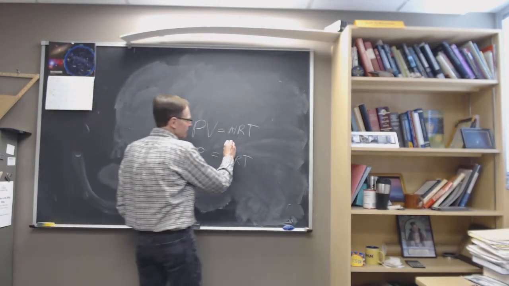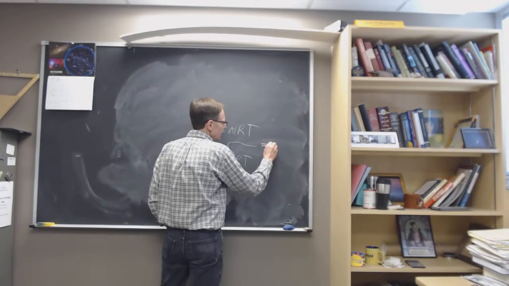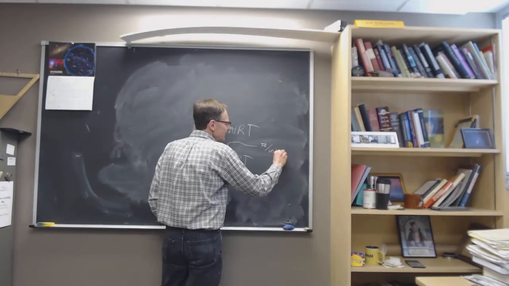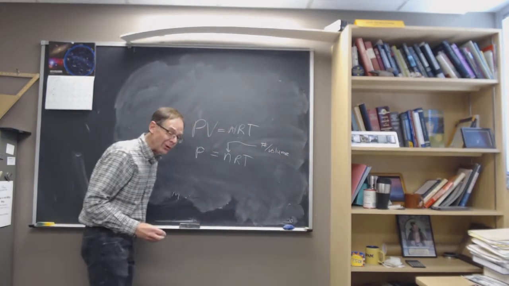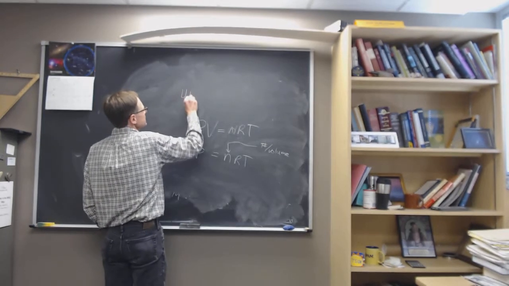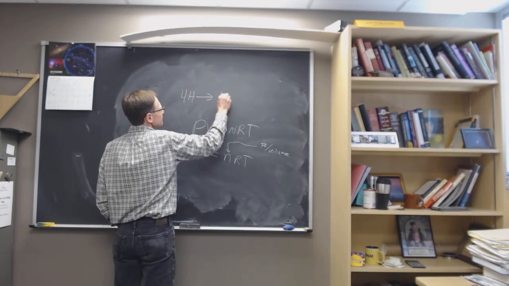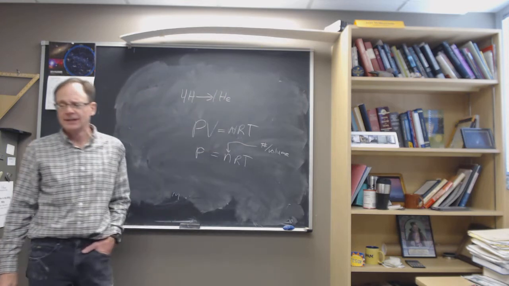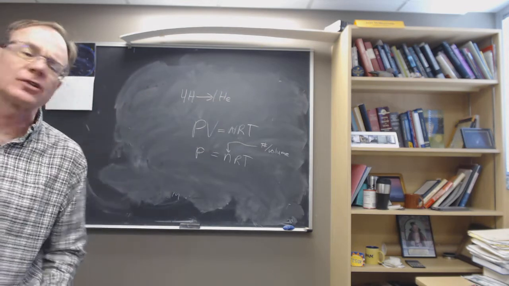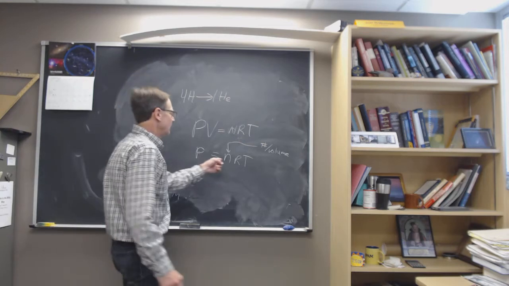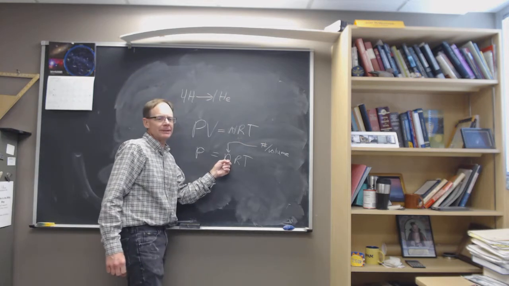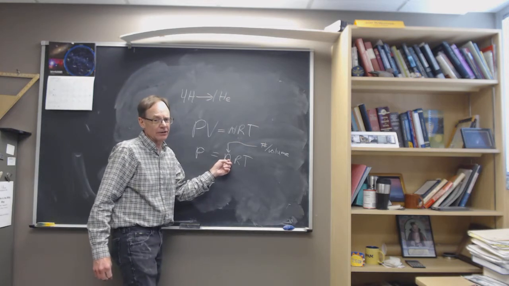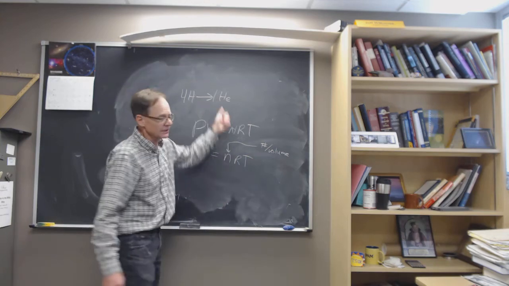That's just the density of particles, number per volume. And what's happening in main sequence stars in the core is that 4 hydrogens are becoming a helium. So you're taking 4 particles and turning them into 1 particle. And as you do that, this density has to be dropping over time as we're converting the hydrogen into helium.